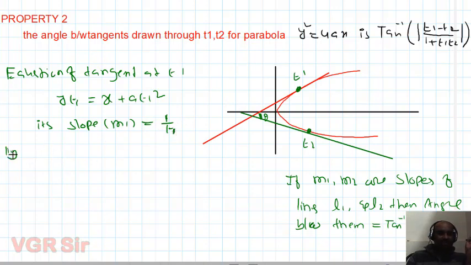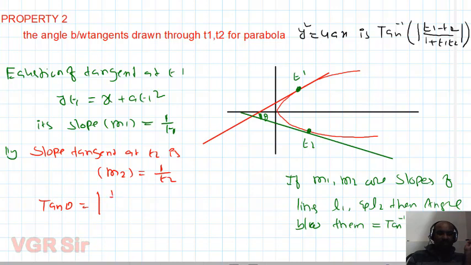Similarly, the slope of tangent at t2, I can say m2, is nothing but 1 by t2. So by using this formula, tan theta equal to modulus of (m1 minus m2), 1 by t1 minus 1 by t2, by 1 plus m1 into m2, 1 plus 1 by t1 into 1 by t2.